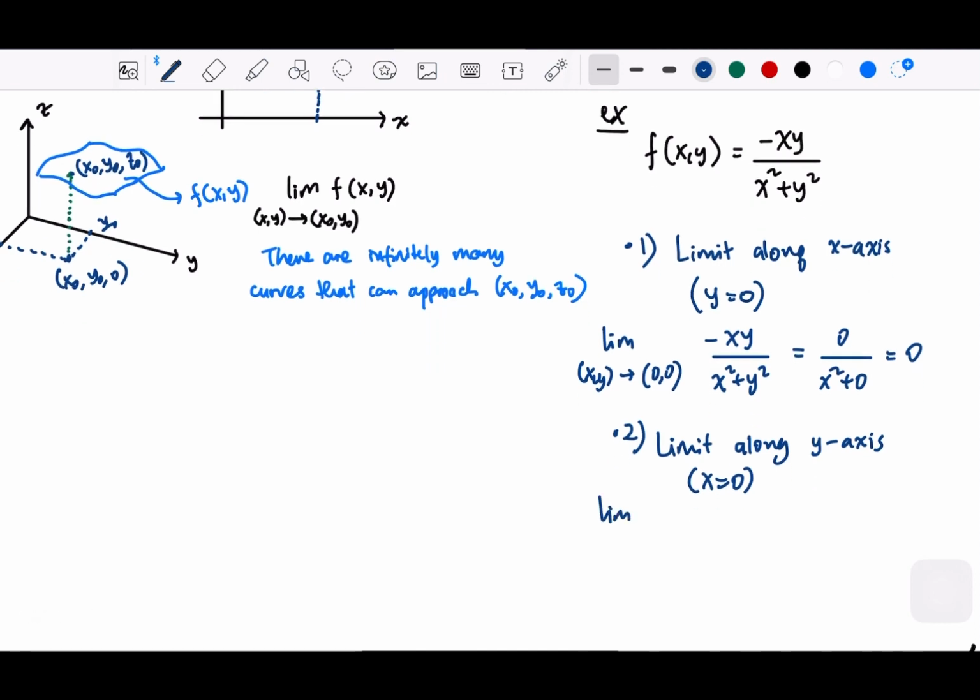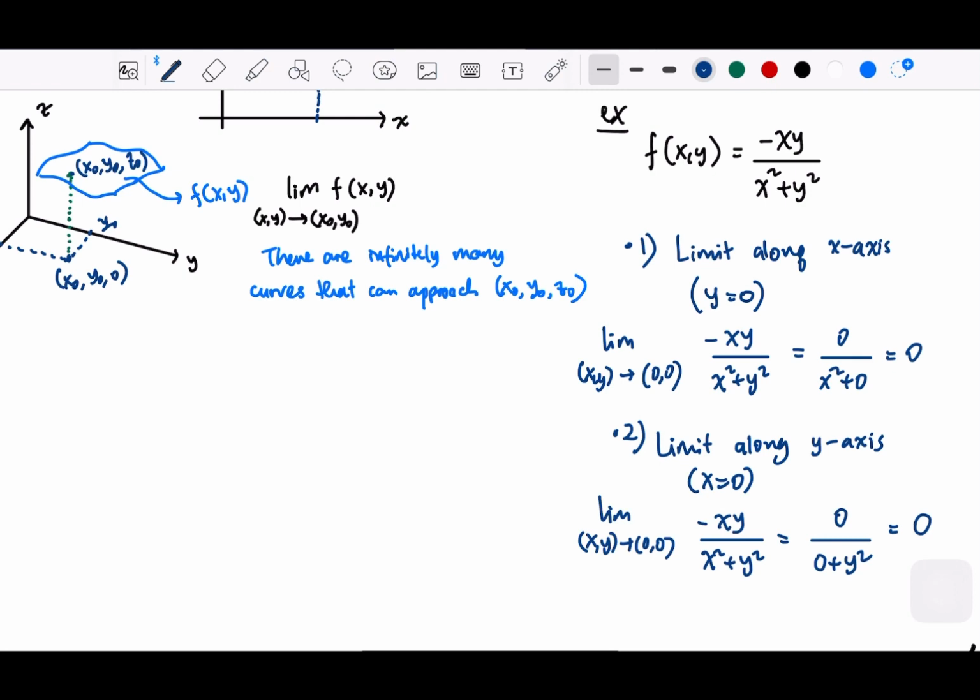So we take the limit approaching 0, 0 of negative xy over, now this is going to be 0, now 0 plus y squared, which is again 0.